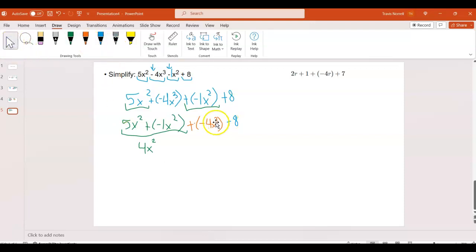I'm going to move the negative 4x cubed over to the front because I want to put the variables in decreasing order. I want the exponents in decreasing order. So I want this x cubed out front. And I'm going to go ahead and just make it negative 4x cubed.